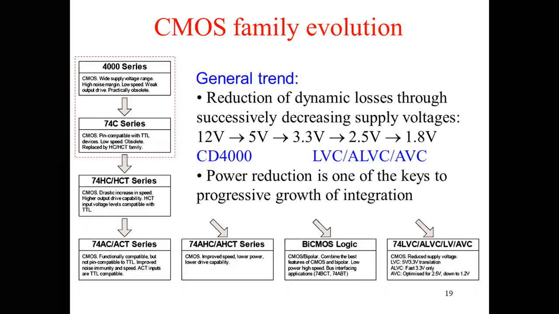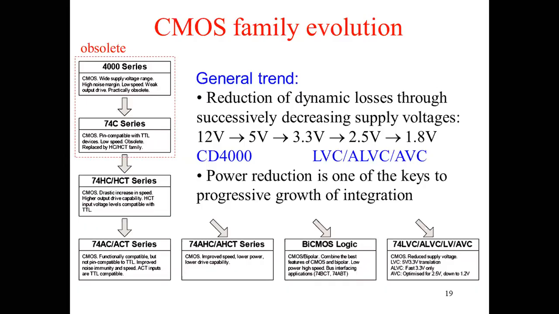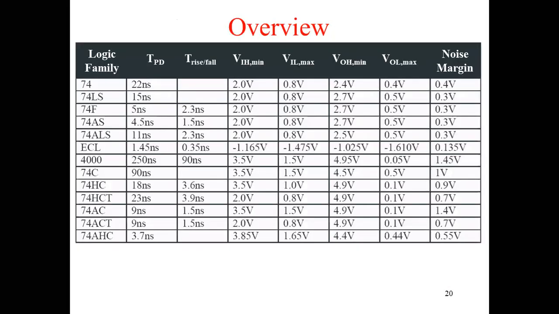Currently the power supply we are using in CMOS is 1.8 volt for 1 and 0 for ground. Power reduction is one of the keys to progressive growth of integration. These are obsoleted: 4000 and 74C.